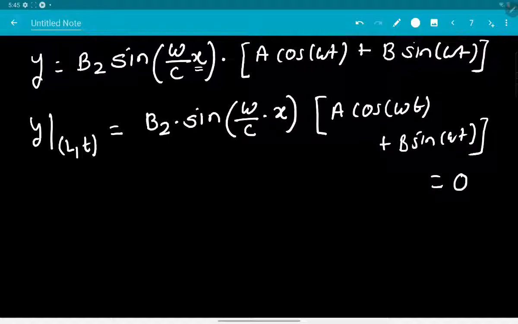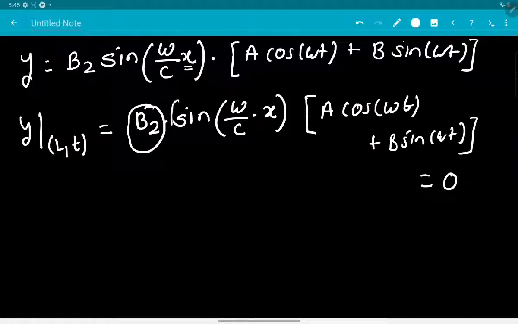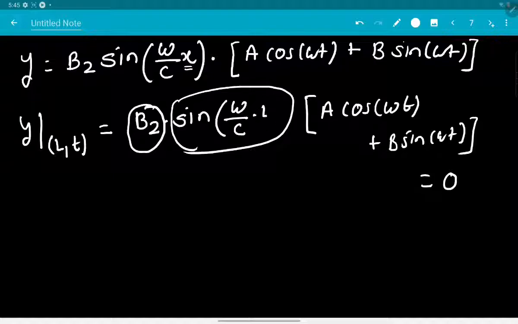So you have a multiplication of three terms. One term is b2, another term is sine of omega L by c, and the third term is A cosine omega t plus B sine omega t. The multiplication of these three terms should be equal to 0.